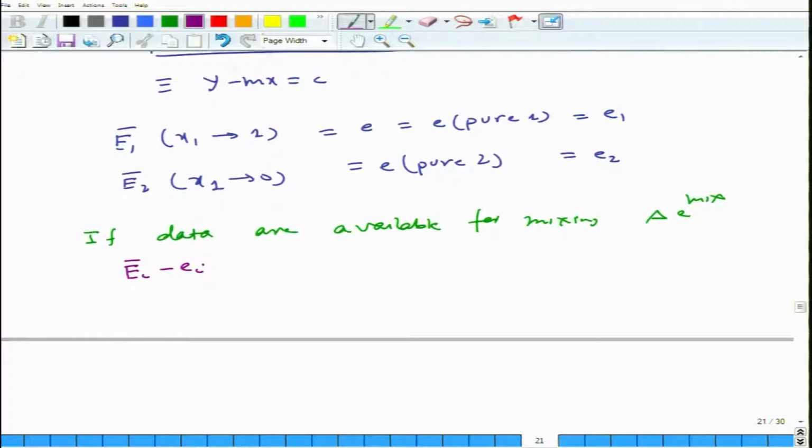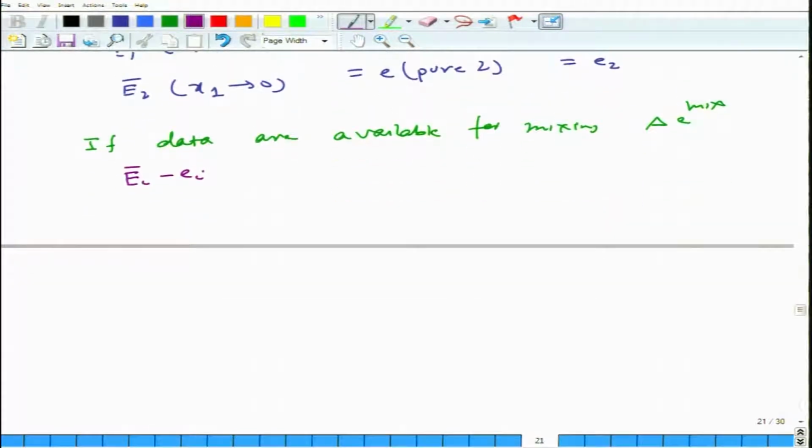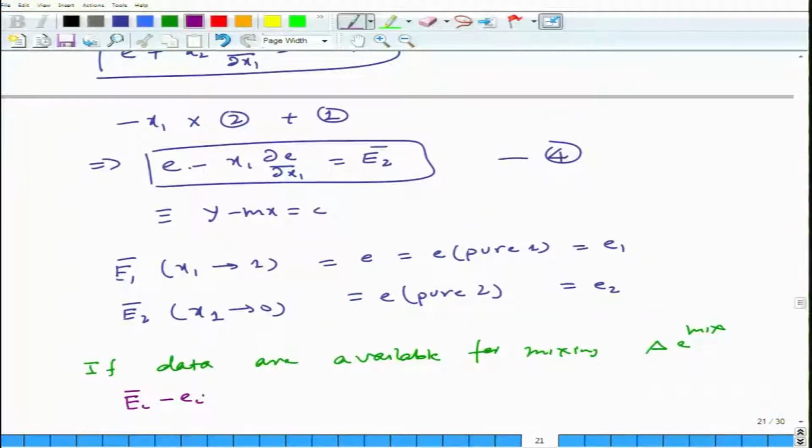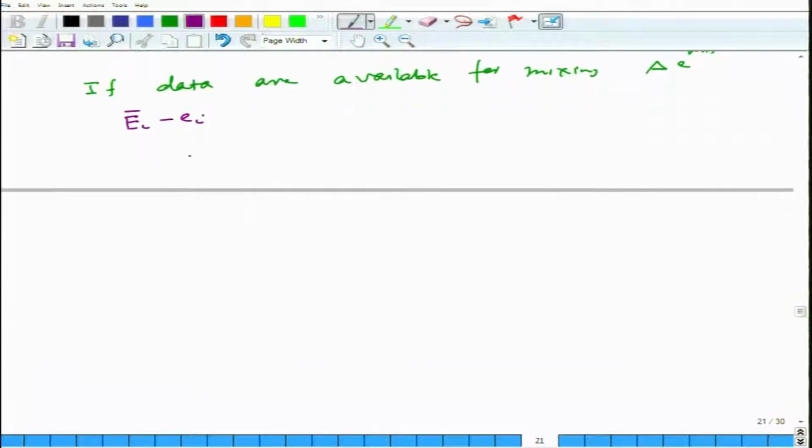So, you can use this expression which we have developed here, and using this expression we can extend this for delta E mix.